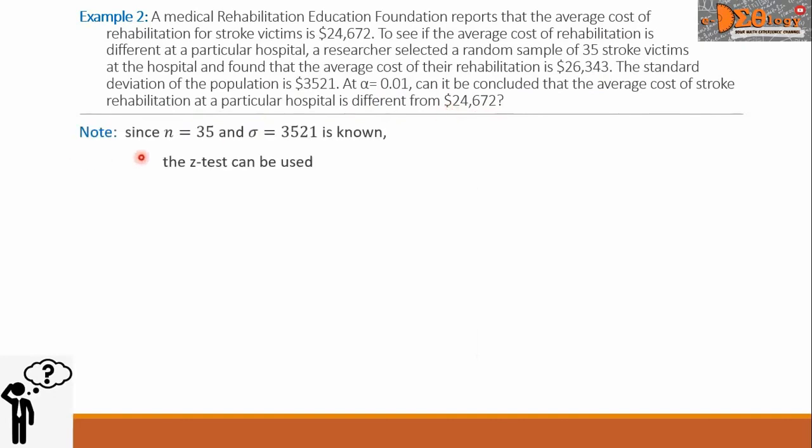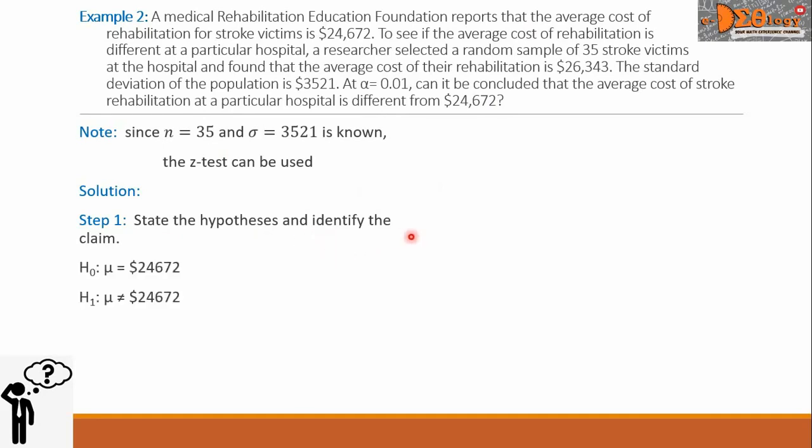First, let us note that since n equals 35 and sigma equals 3,521 and is known, the z-test can be used. Step 1 is we state the hypothesis and identify the claim. We write here H sub 0, that is the null hypothesis, and we write mu equals $24,672.